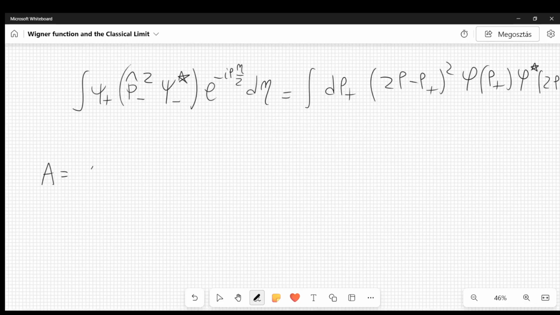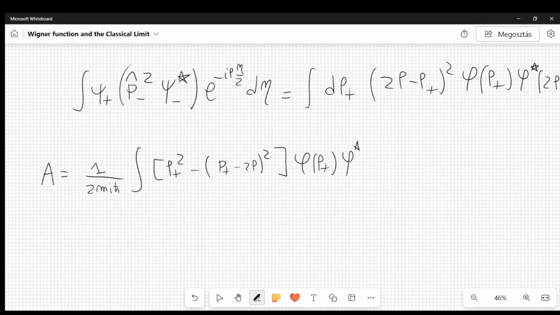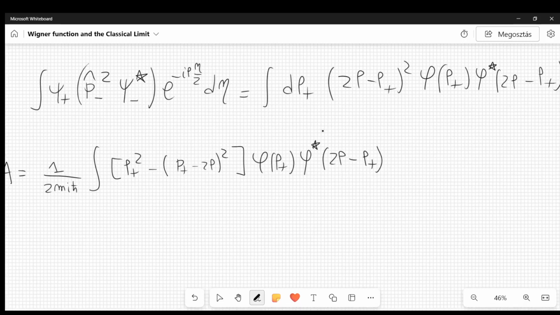So we have 1 over 2 pi h bar, and then we have an integral of p plus squared minus, we can also rewrite this as p plus minus 2p squared, phi of p plus, phi star of 2p minus p plus, like this.